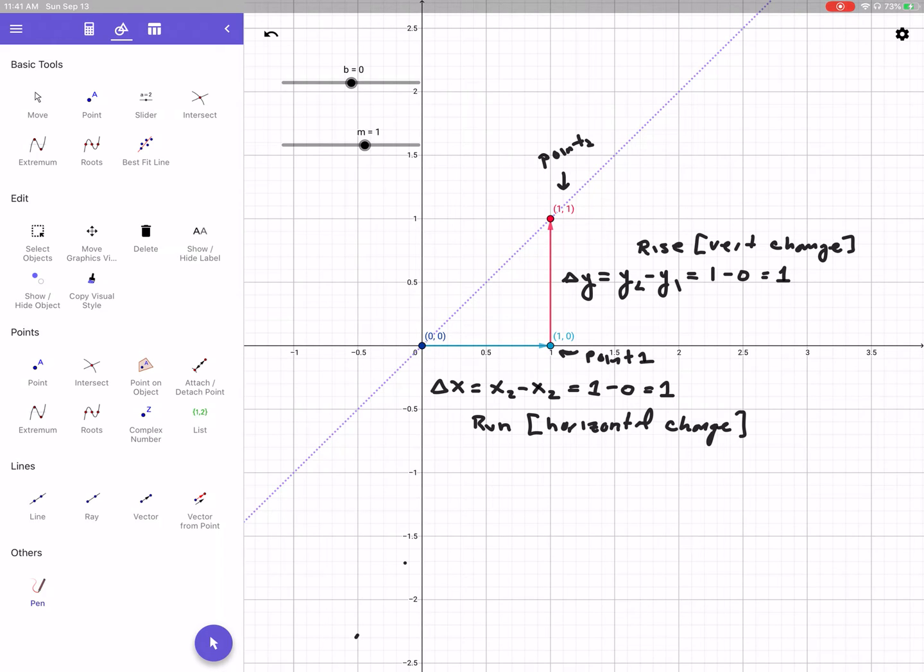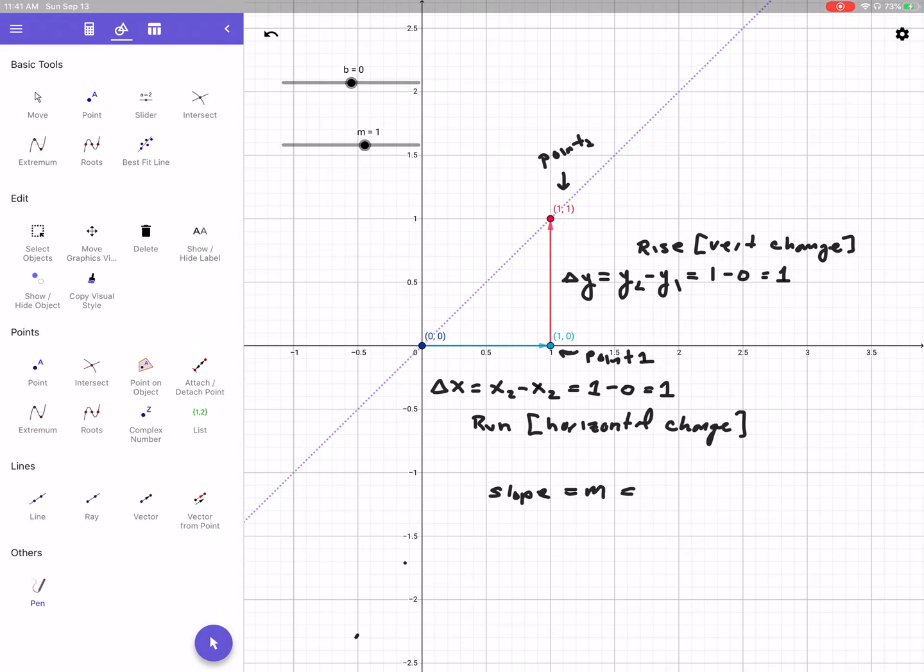So when we put those two together and make a proportion, when we make this kind of beautiful pattern called slope, we denote it using the letter M, and you'll see why in a moment, hopefully.